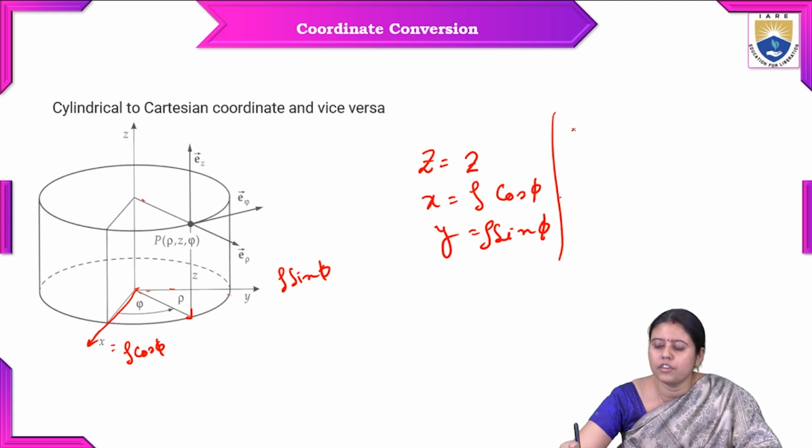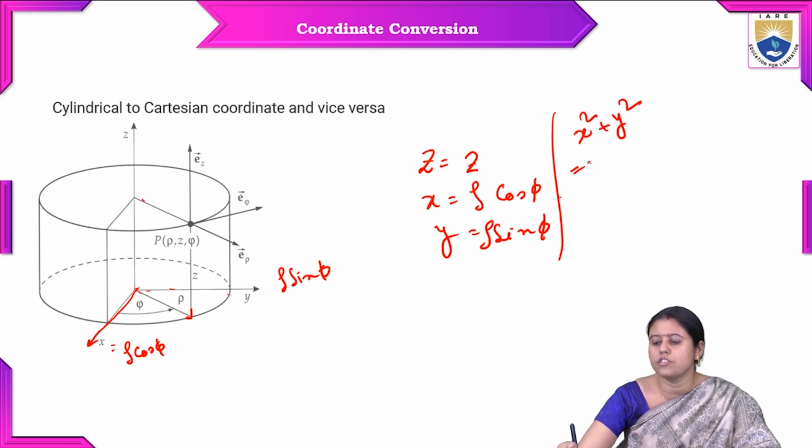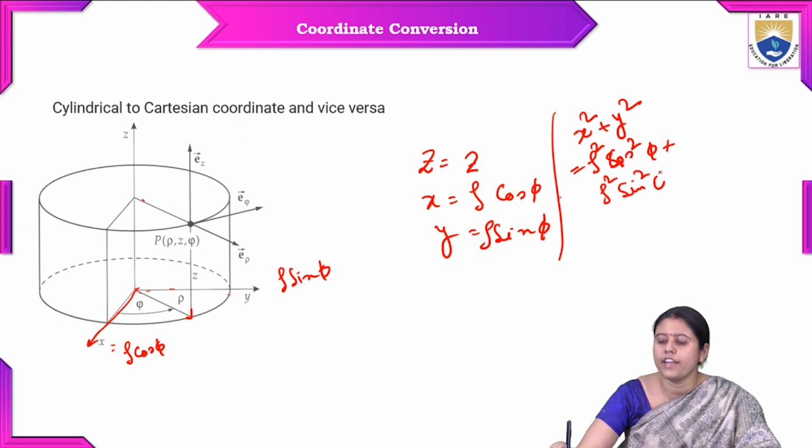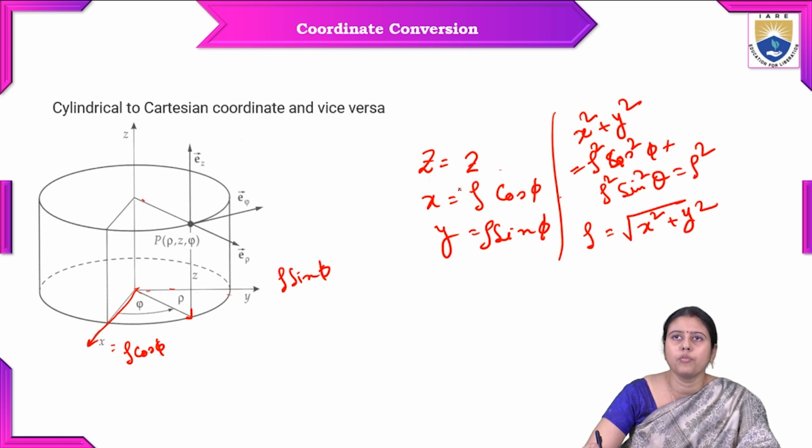Similarly, if we take x square plus y square, what is it? Rho square cos square phi plus rho square sin square phi is equal to rho square. So rho is equal to root of x square plus y square. Again, z is the same in both cases.